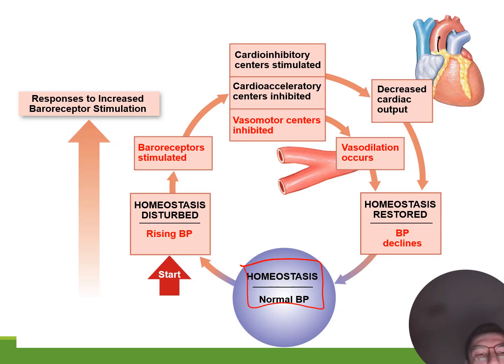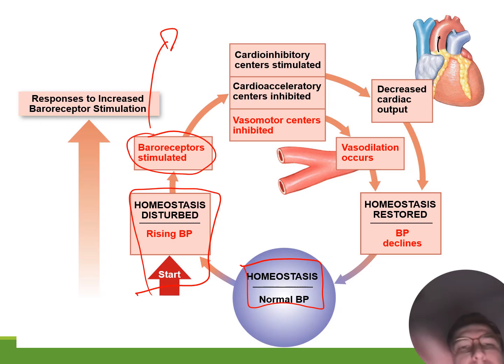And as blood pressure is disturbed and there is a rise in blood pressure, there is going to be an increased input from baroreceptors to that cardiovascular center. That cardiovascular center, again, we divide it into two sections. The cardiac, either cardio-inhibitory or cardio-acceleratory, and we also have the vasomotor center.